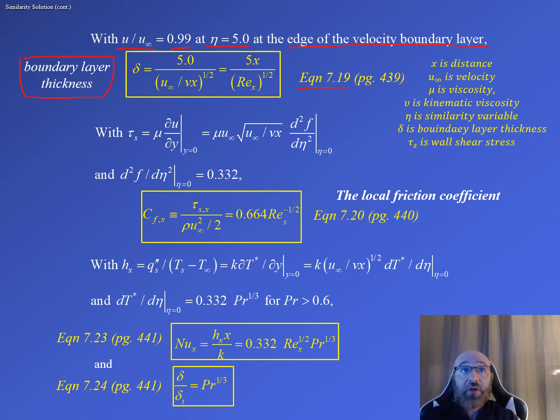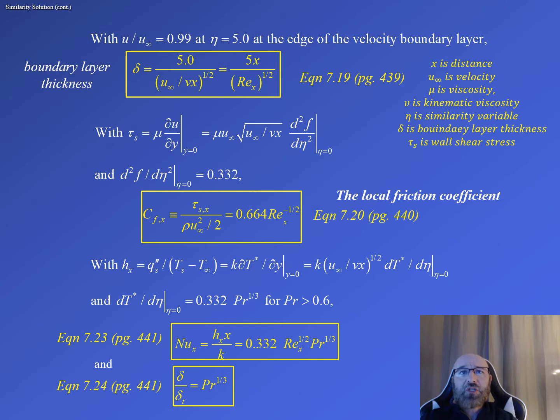Our delta, our boundary layer thickness, is equal to 5 divided by our u infinity over nu x to the 1/2, a relationship we've seen before. We can reduce that down and relate it back to our Reynolds number, so this is 5x over our Reynolds number in the x direction to the 1/2 power, given for our boundary layer thickness in equation 7.19 in our textbook.